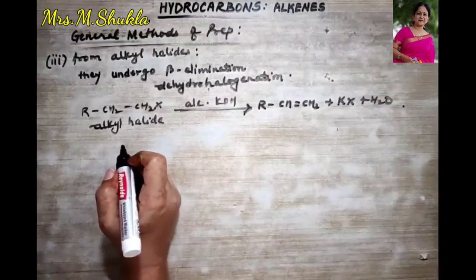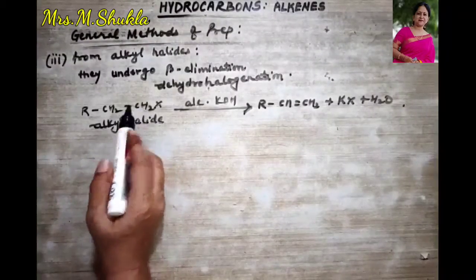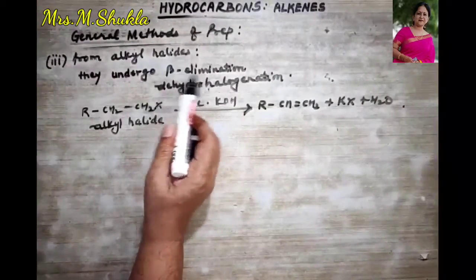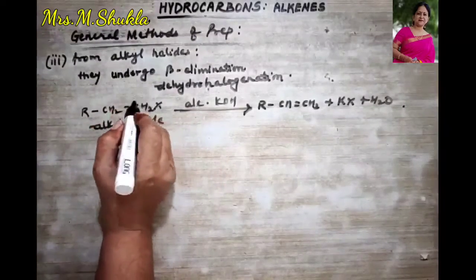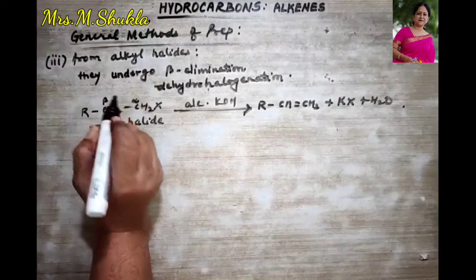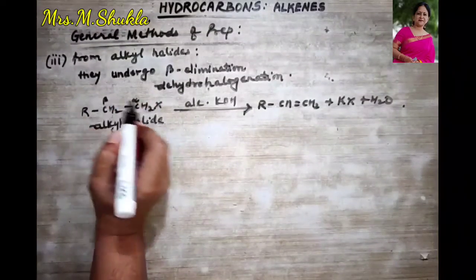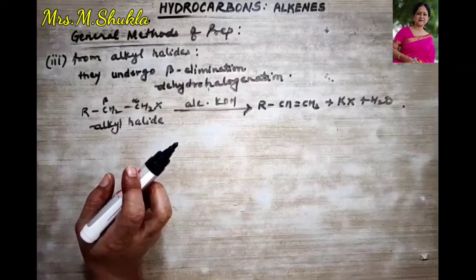So let us look at one example over here. Always remember when I said beta elimination. Over here you will see this is your alpha and this is your beta carbon. So elimination of hydrogen from this beta carbon takes place over here.